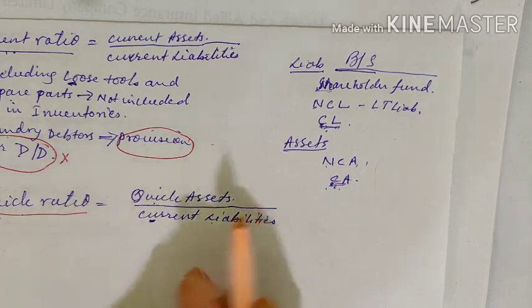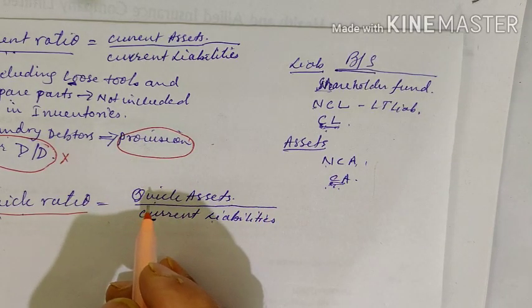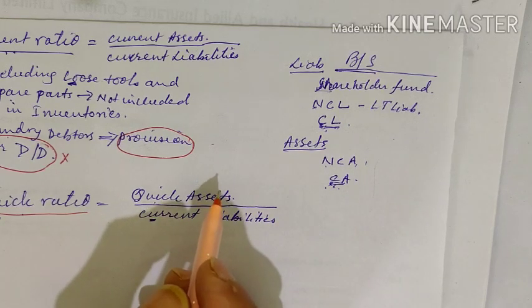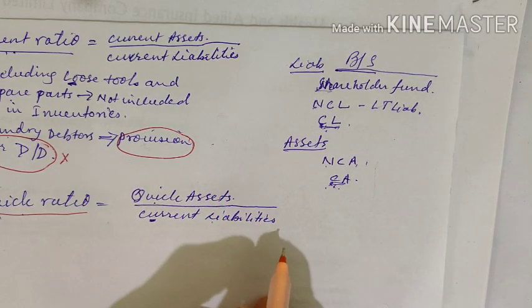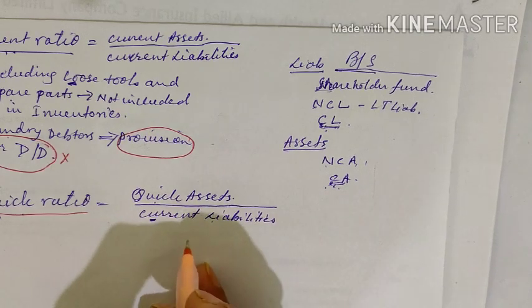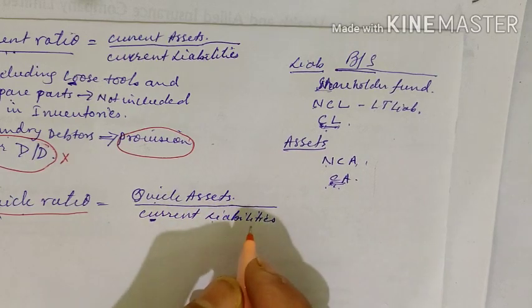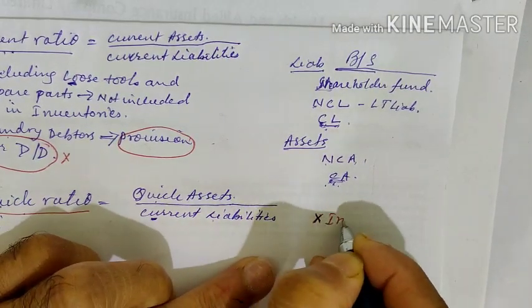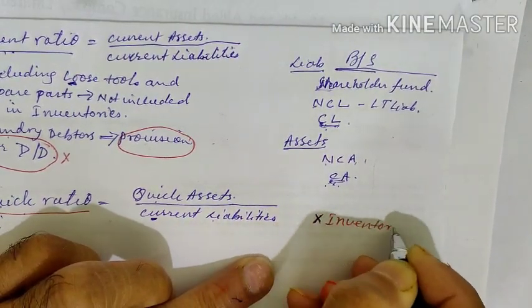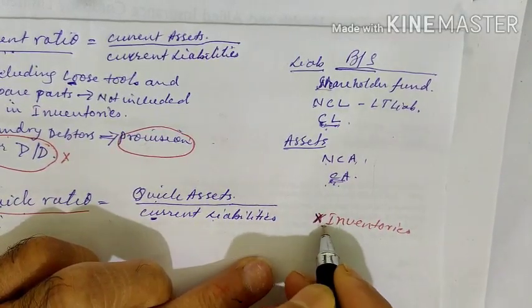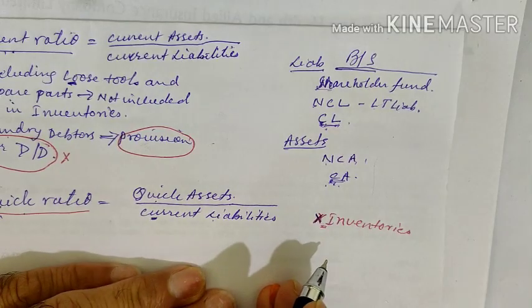But if you sell it on credit, it is not converted into cash immediately. The stock gets converted to debtor, and then from debtor it will get converted to cash. It is not immediately converted. That is the reason why inventories will not be considered here. Inventories will not be taken because they cannot be converted into cash immediately.